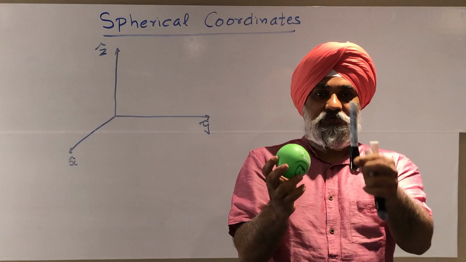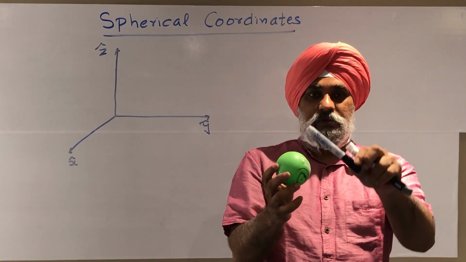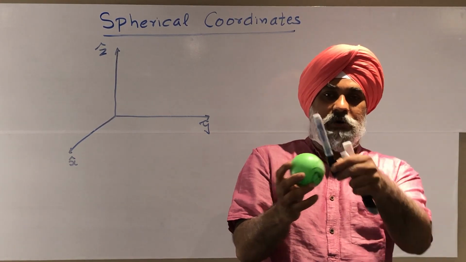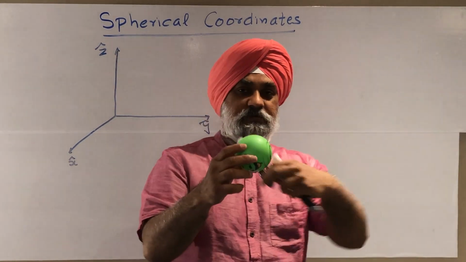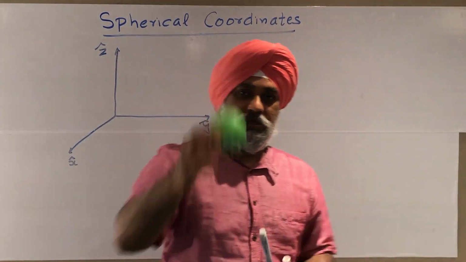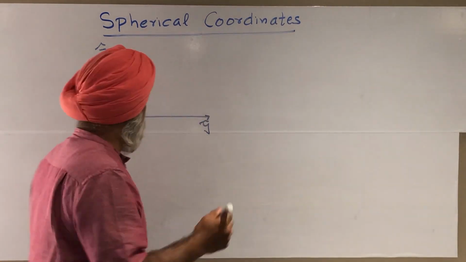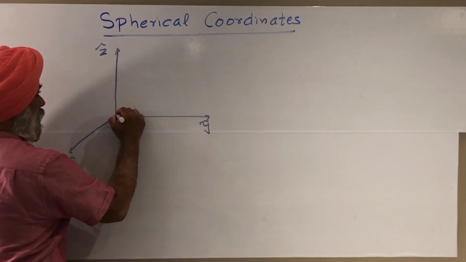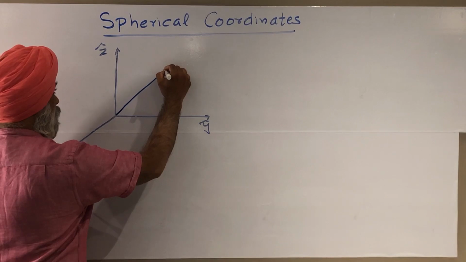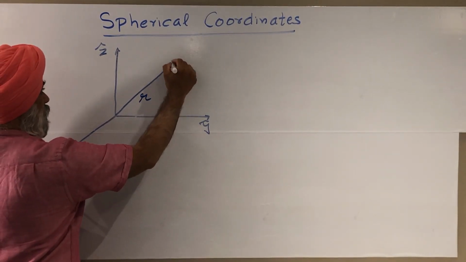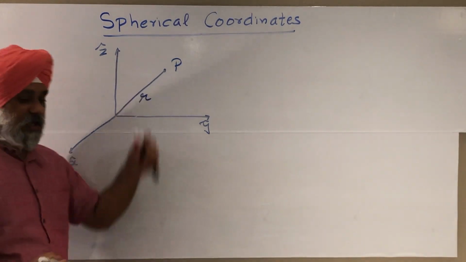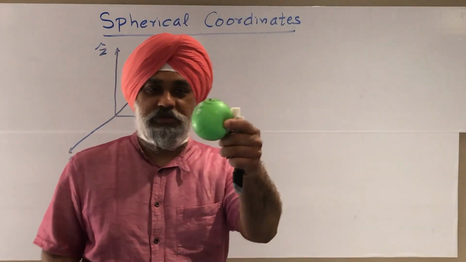I want to take a line centered at the origin and rotate it around the sphere, and as I rotate it, it should be able to go to different points of the sphere and write it. So instead, we take a line which has the radius r, and with this line I can go to different points on the sphere.